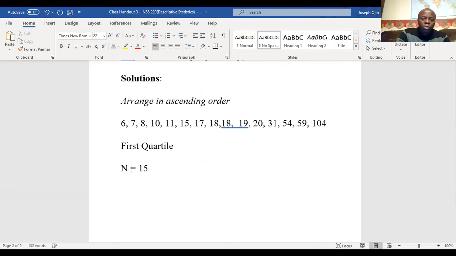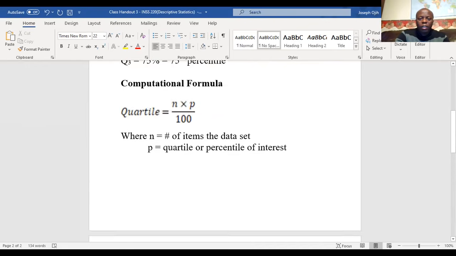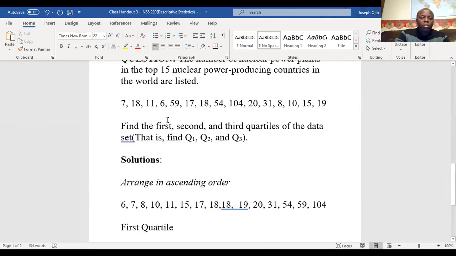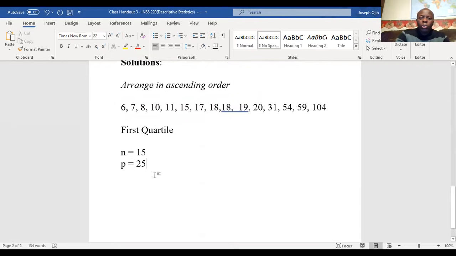So n is 15. We are looking for the first quartile. For the first quartile, p will be the first 25%. Remember, I mentioned it when I introduced it. We use this to get the formula to locate the first quartile.